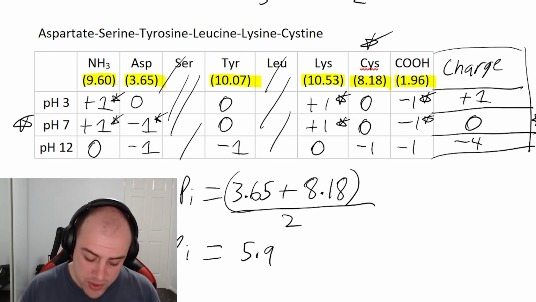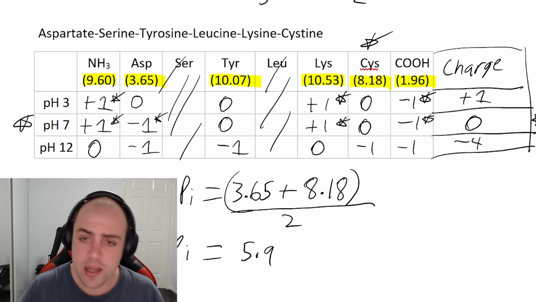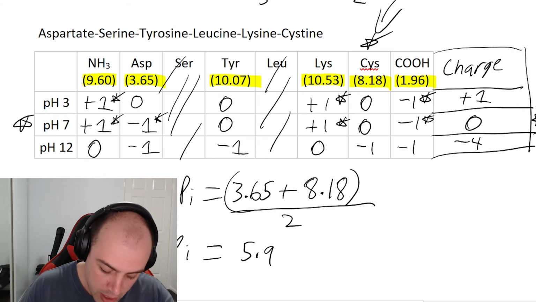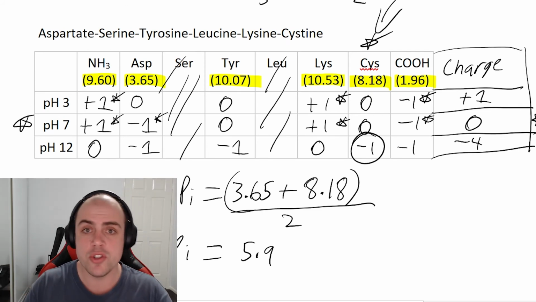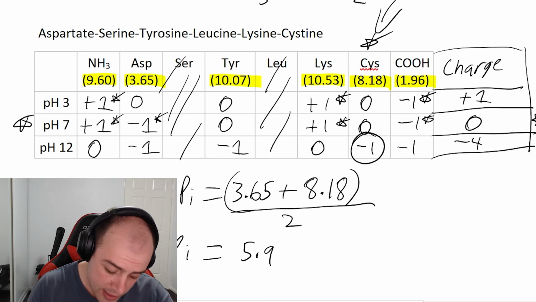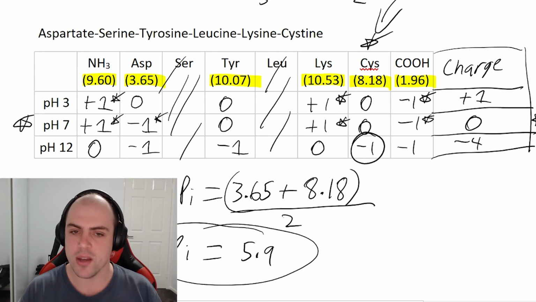And what we also saw was at 8.18 down here, that is when we saw our cysteine molecule become more negative, and that would have tipped our charge of our protein from 0 to -1. So we can verify that yes, the isoelectric point for this protein is 5.9.